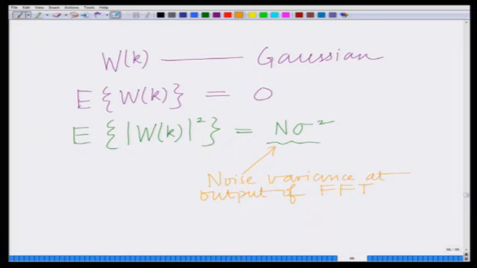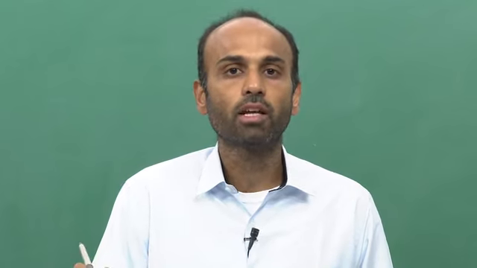So, we have characterized the properties of the noise at the output of the FFT. Now, let us characterize the property of the channel coefficient capital H of k. Remember, capital H of k is given by the FFT of the zero padded channel coefficients h0, h1, up to h of capital L minus 1, followed by N minus L zeros.